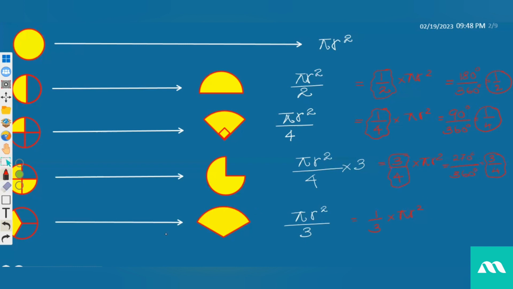When we divide the circle into 3 equal parts, the angle at the center becomes 120 upon 360. That means it is 1 upon 3.